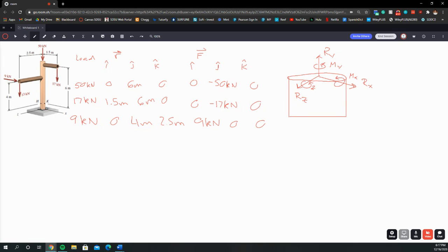Now we have the 13 kilonewton force. 0 in i, 4 meters in the j direction and 2.5 meters in the k direction, and it is a negative 13 kilonewton force in the y direction.